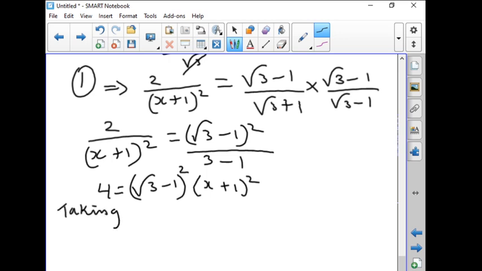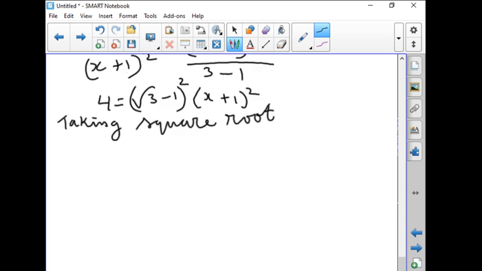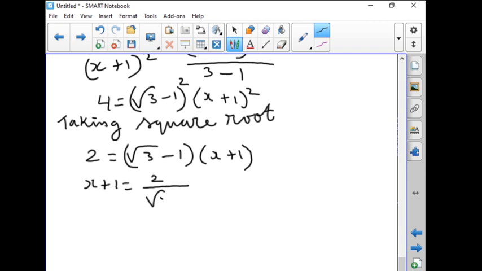So taking square root both the sides, we get 2 is equal to root 3 minus 1 into x plus 1. So what is this? Now x plus 1 is equal to 2 by root 3 minus 1.